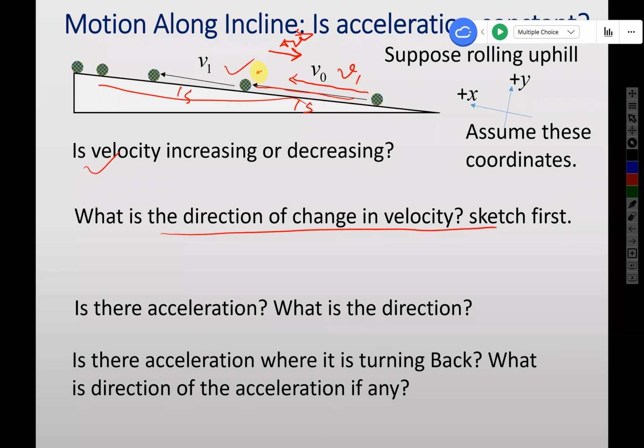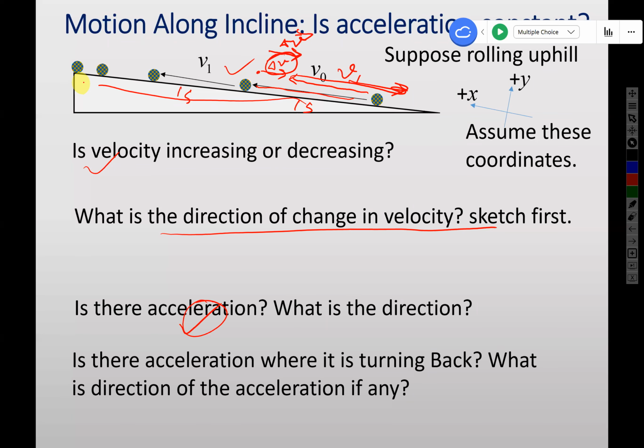So I need to go from the tip of this to that. So that's the delta V, okay? So when it's decreasing, the change is going to be in the opposite direction. Now, what is the direction of acceleration? The direction of acceleration is the same as the direction of change in velocity, meaning the acceleration is downhill. It's going uphill. See, motion is uphill, but acceleration is downhill. They are in opposite directions. That's why it's slowing down, okay?